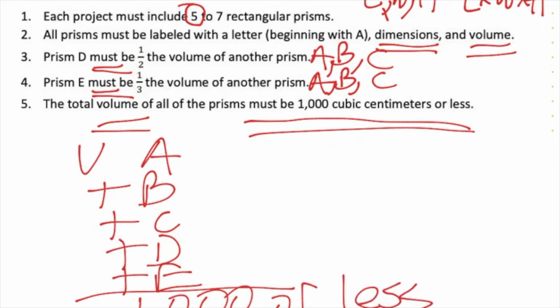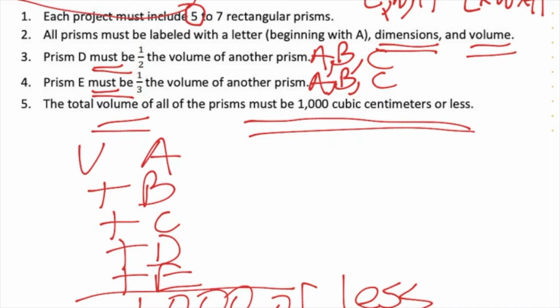All important things to remember. Remember, if you get stuck at any point moving forward, you can always rewind the video, come back to this page, because these are the project requirements. Okay, so let's move forward.